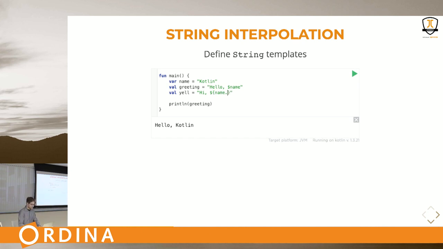Let's say name dot to uppercase. I made a typo here. And then if we print it, our yell should be uppercased. See, so it's still pretty readable, but it's a nice way instead of just using concatenation.